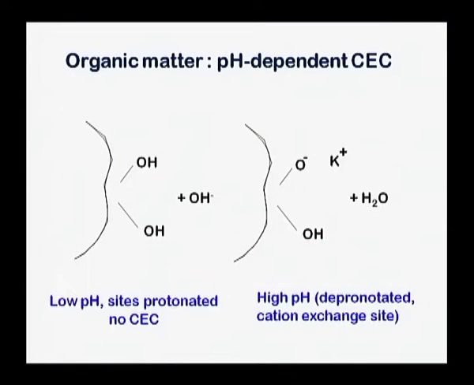Organic matter is responsible for pH dependent cation exchange capacity in the soil. At lower pH, the sites are protonated, therefore there is no cation exchange capacity in the soil. When the pH starts increasing due to deprotonation, the cation exchange sites are available, and in this diagram the potash is adsorbed on the clay sites.